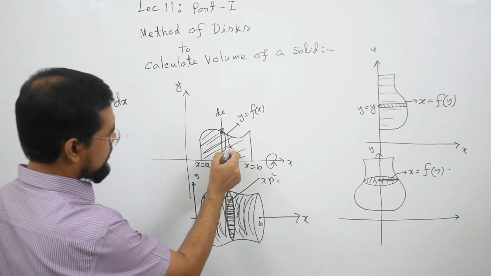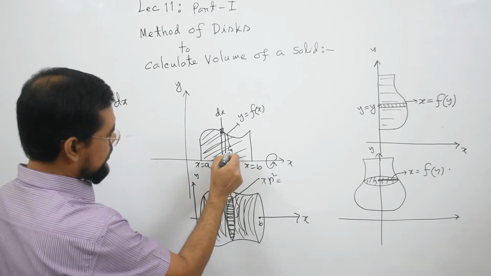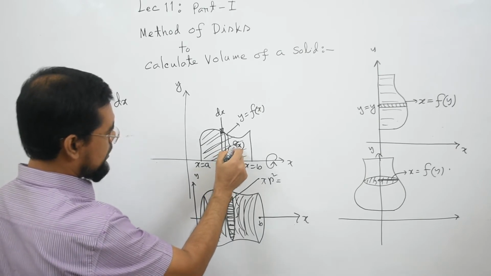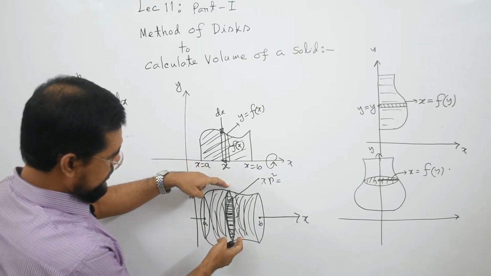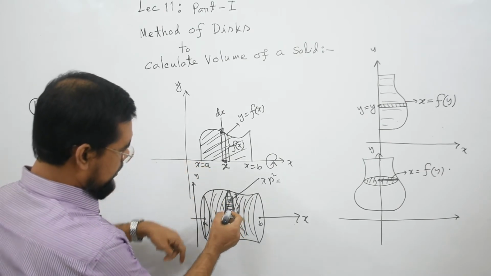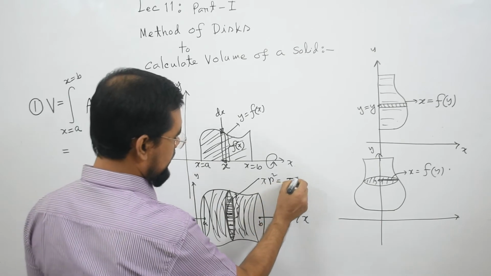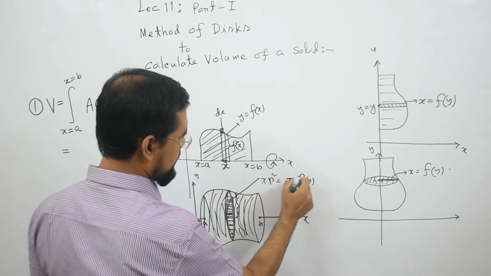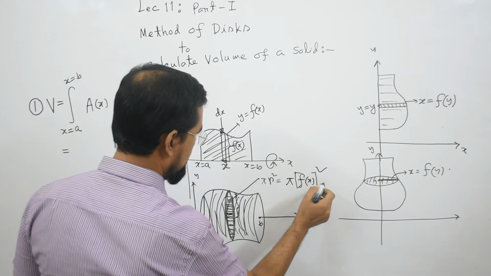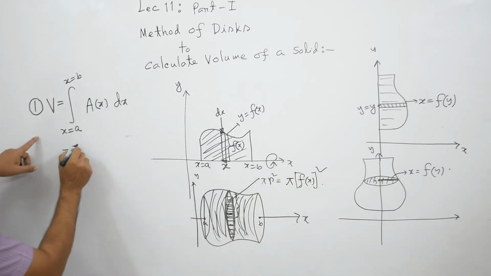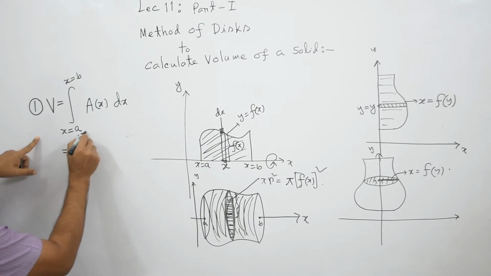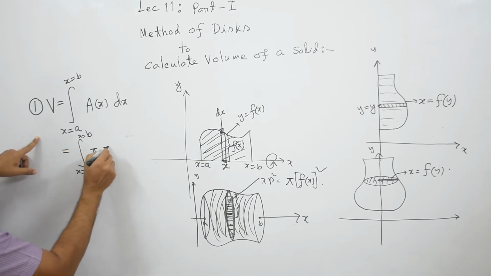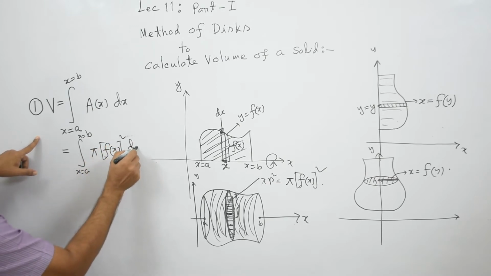At x equal to x, the radius of this circular disc is f(x). So the area will be pi into f(x) square. Therefore the formula integrating with respect to x will be pi f(x) square dx.